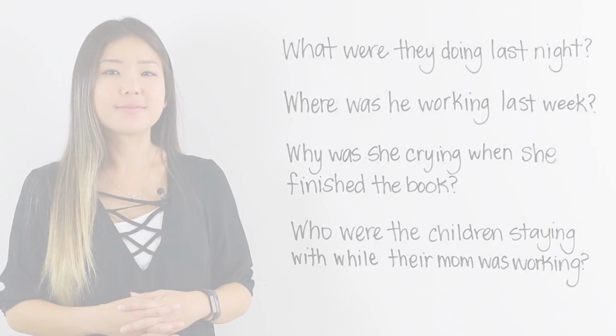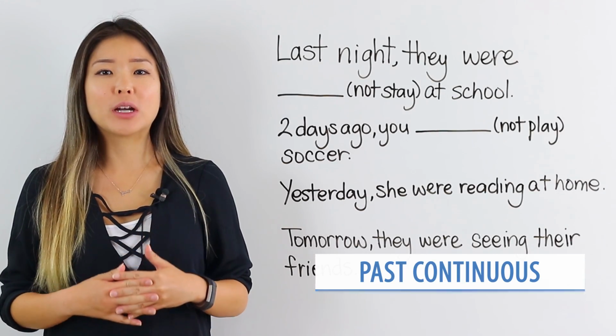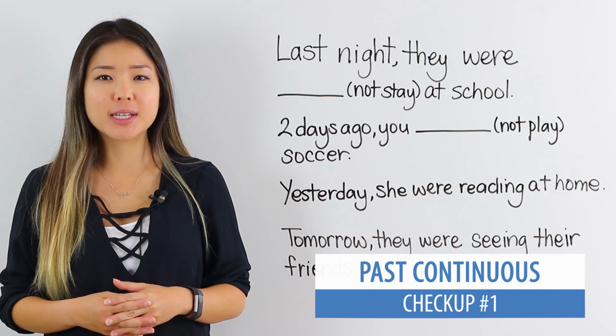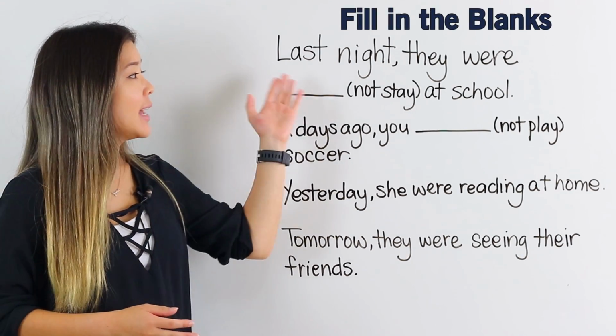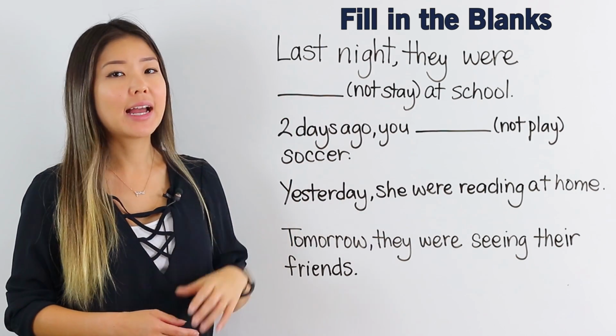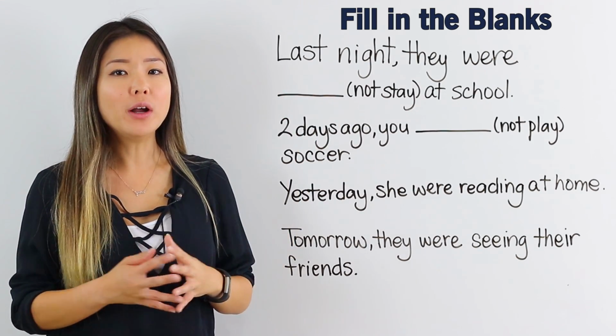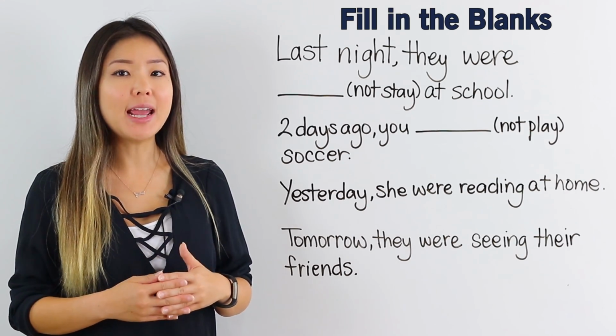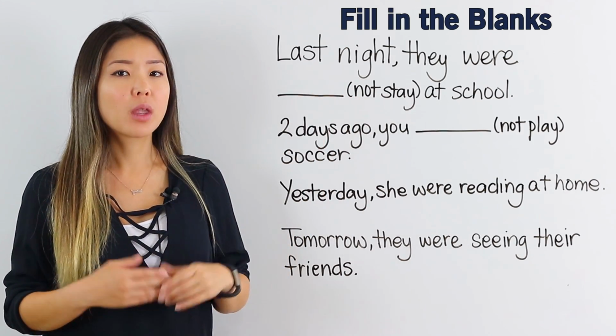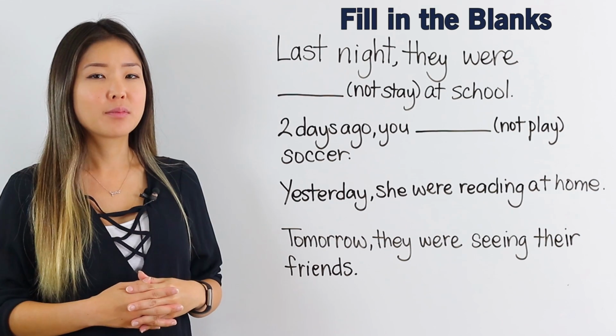Let's move on. In this section, let's do a checkup for the past continuous tense. Take a look at the first sentence. Last night, they were blank at school. I want you to try to fill in the blank with the negative for the verb stay, not stay. What do you think it is?